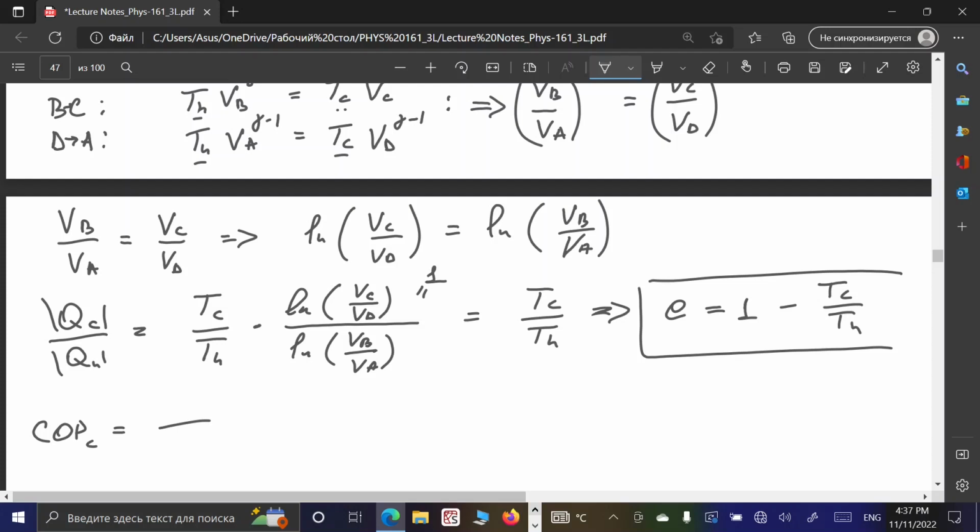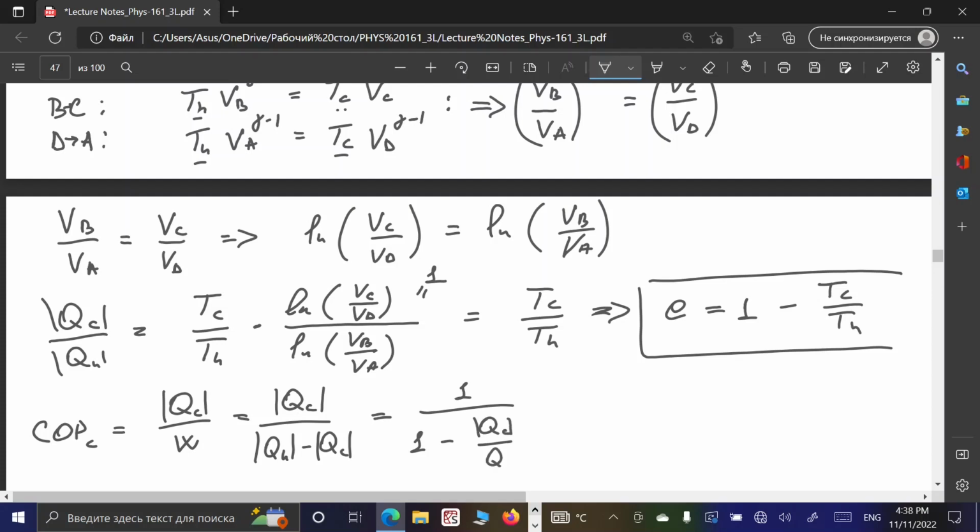The amount of heat which we took from the cold reservoir divided by the work which we used to realize this process. So Qc over work. Then how do we define work? As the difference between Qh and Qc. So taking this into account, we can write that it will be 1 over unity minus Qc over Qh.